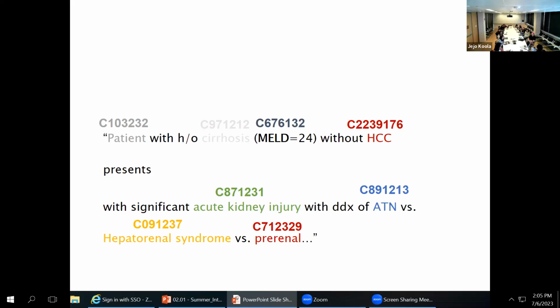So yes, you have to do post-processing to say, okay, I have something that's computable, but now I want to convert that into a binary thing, 0 or 1. I'm going to say, if the document has more affirmative mentions of HCC than negative mentions of HCC, I'm going to say that the patient has HCC. And again, these are not perfect systems, and this is why it requires quality checking.